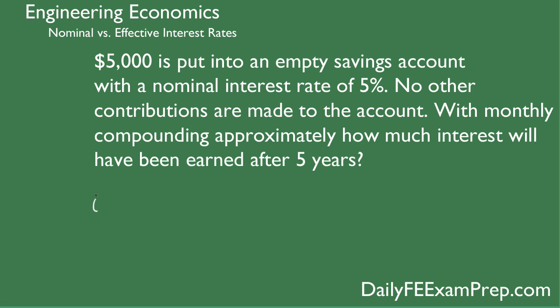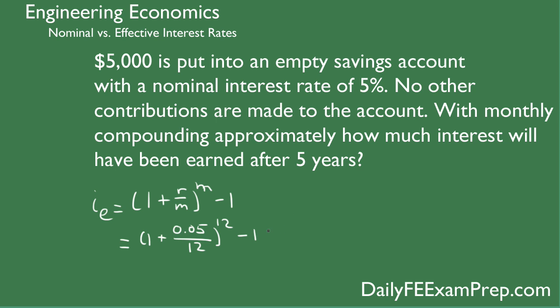So we've got i sub E equals (1 + r/m)^m minus 1, which equals (1 + 0.05/12)^12 minus 1. 0.05 is our nominal value, divided by 12 months out of the year. That's how many times we're going to be compounding it, raised to the 12, minus 1.